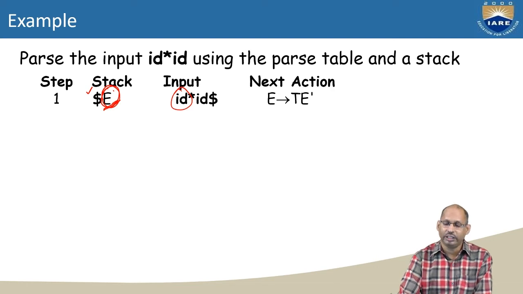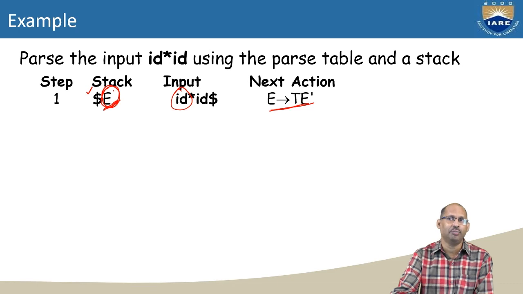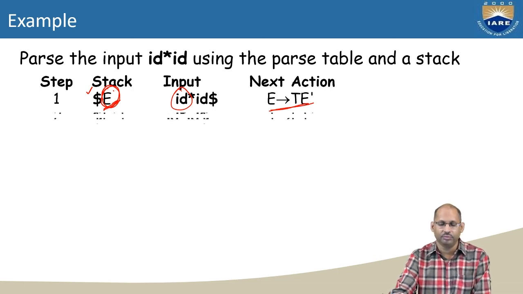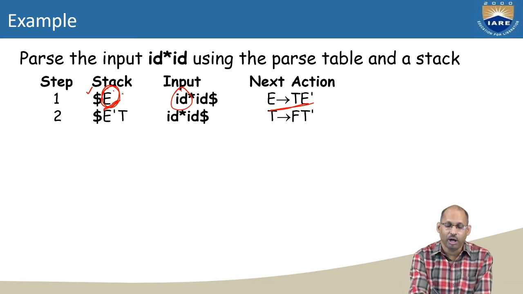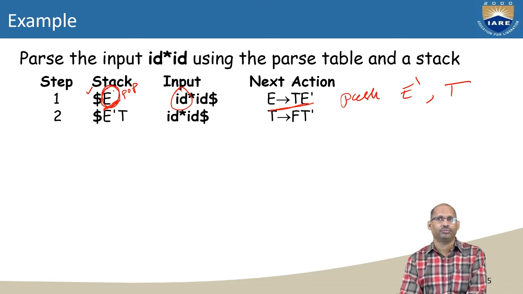In that we have written the production E gives TE', means pop E and push the symbols E' comma T. Pop E, push the symbols E' comma T. So here pop E and push the symbols E' comma T, right?